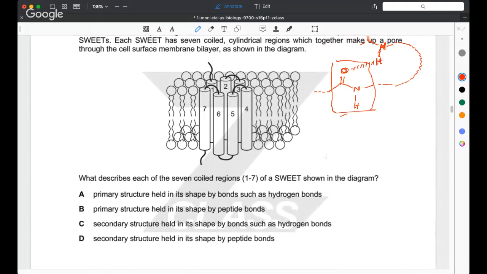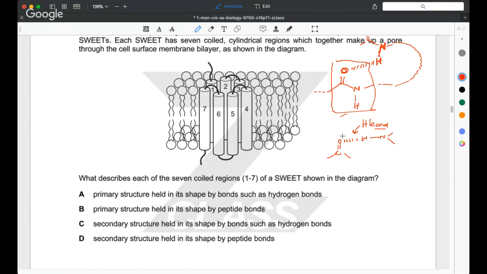So if I just draw that up, in chemistry, that's the carbonyl group, and this in chemistry, that's an amide group. So you're getting a hydrogen bond there. Okay, that's the hydrogen bond.